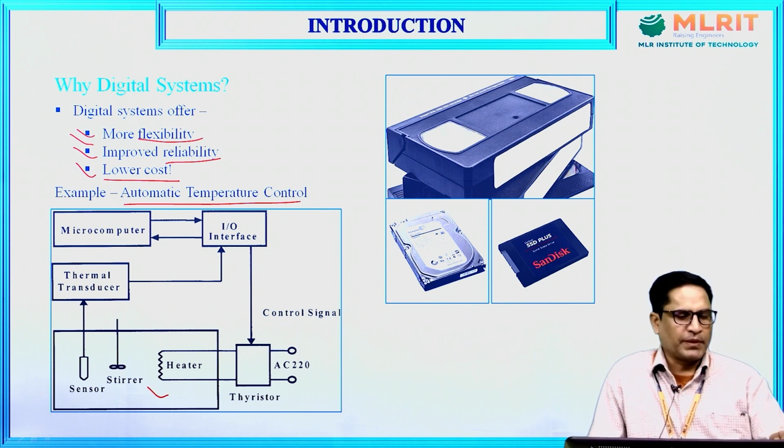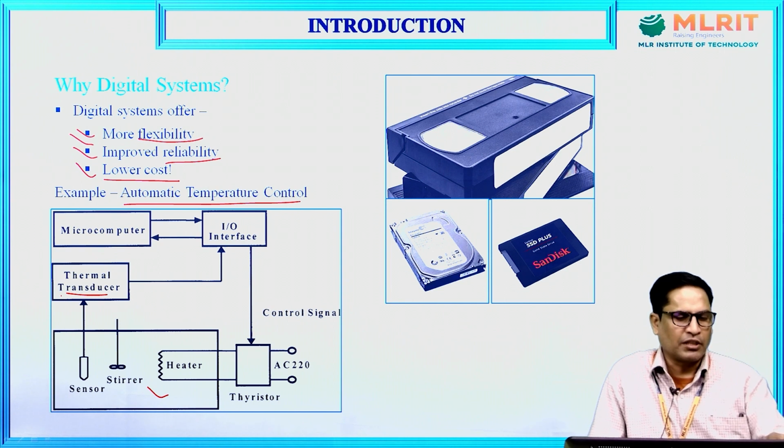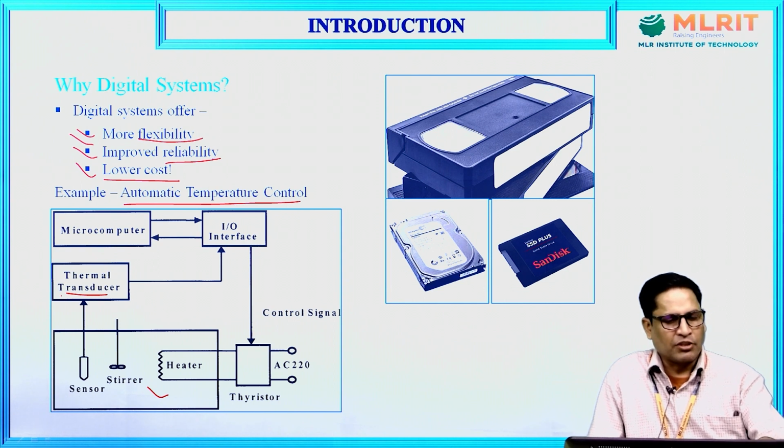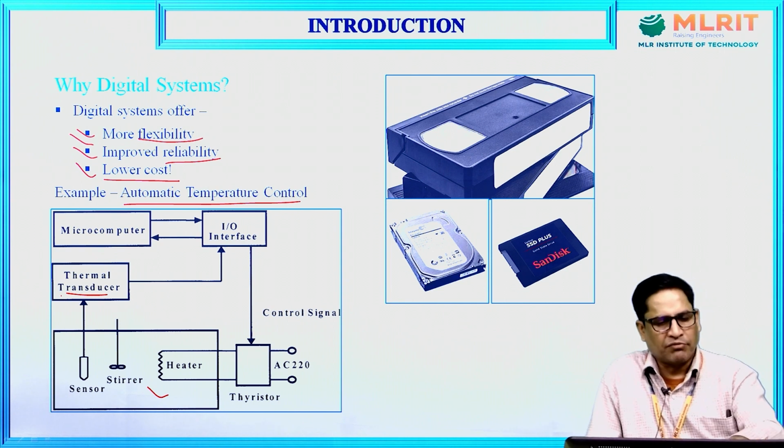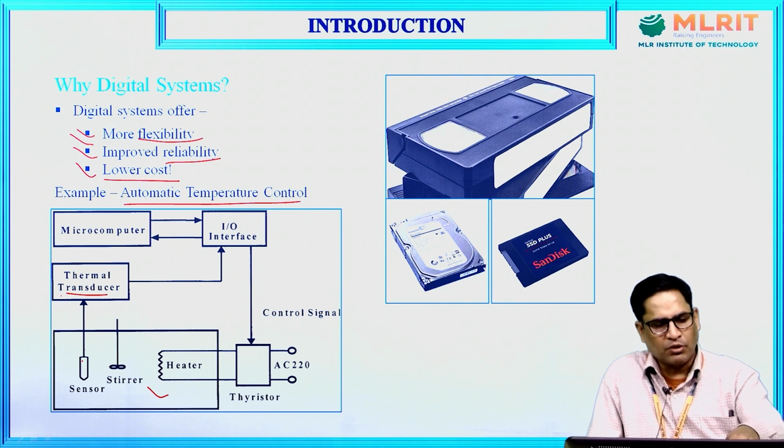The physical quantity is transferred into an analogous electrical quantity with the help of a thermal transducer, and then an IO interface is there. Then it goes to the microcomputer, and if the sensed quantity is lower or higher with respect to the reference, suitable controls will be given to the control signal, and then the heater is turned on or off as per the requirement.